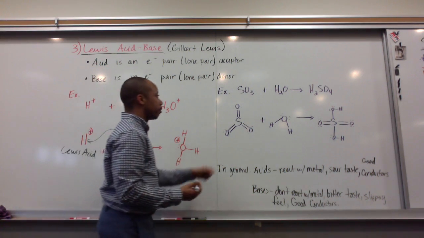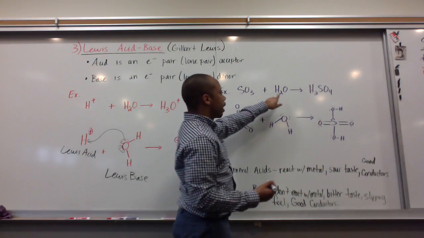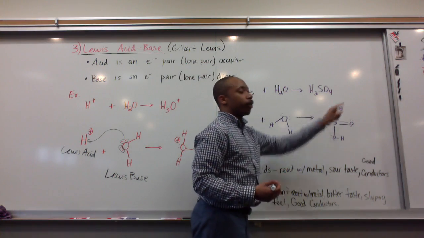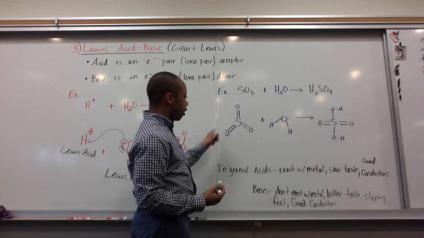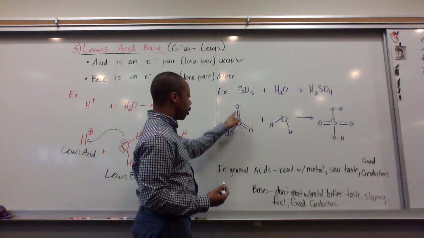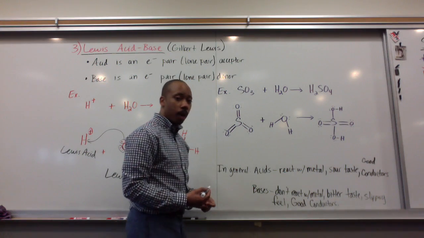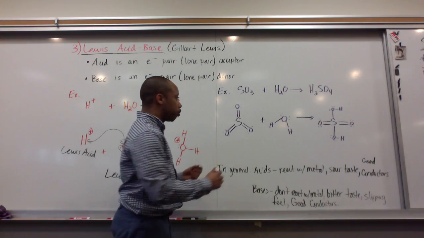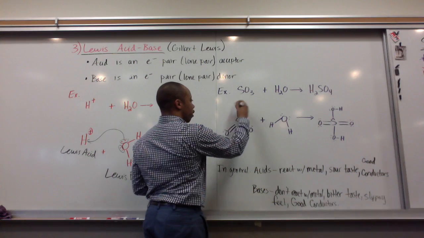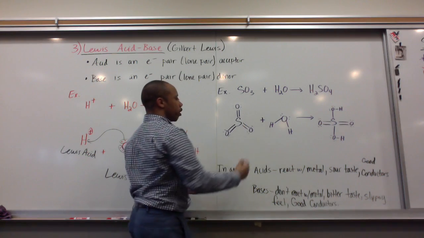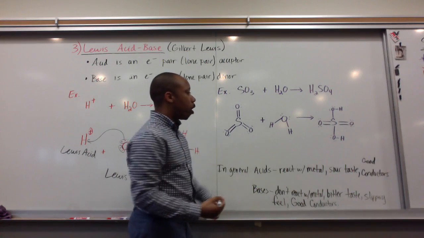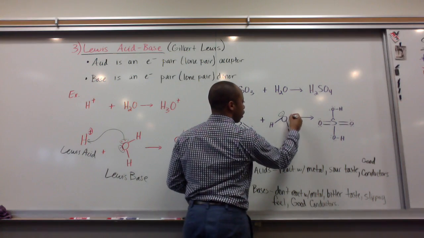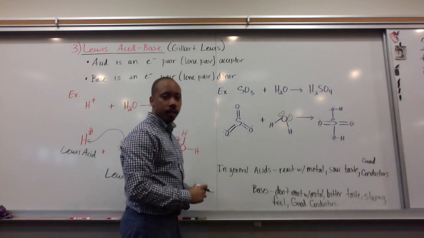Another example is here. We have sulfur trioxide reacting with water, forming sulfuric acid. Here we have this Lewis structure: a sulfur attached to 3 oxygens, double bonded on each side. These oxygens here are already satisfied. Sulfur is oversatisfied, but it can do that. It can expand its octet. It reacts with water. Water has lone pair electrons here.